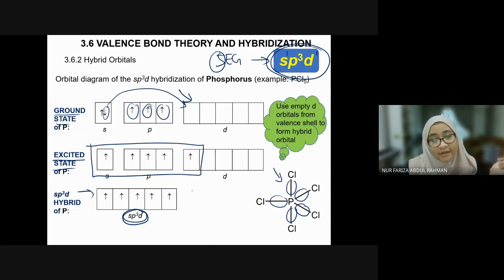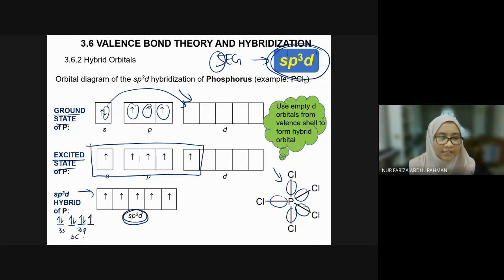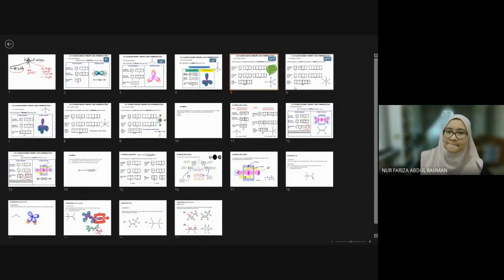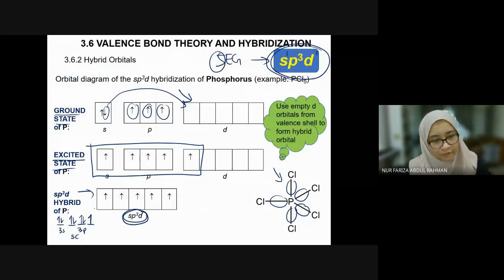Imagine Cl comes from period 3, so its valence shell is 3p, right? 3p, 1, 2, 3, 4, 5. It actually has 3s here too, but it's okay not to show it. So you can see it has a single electron here. We have 5 chlorine atoms there.